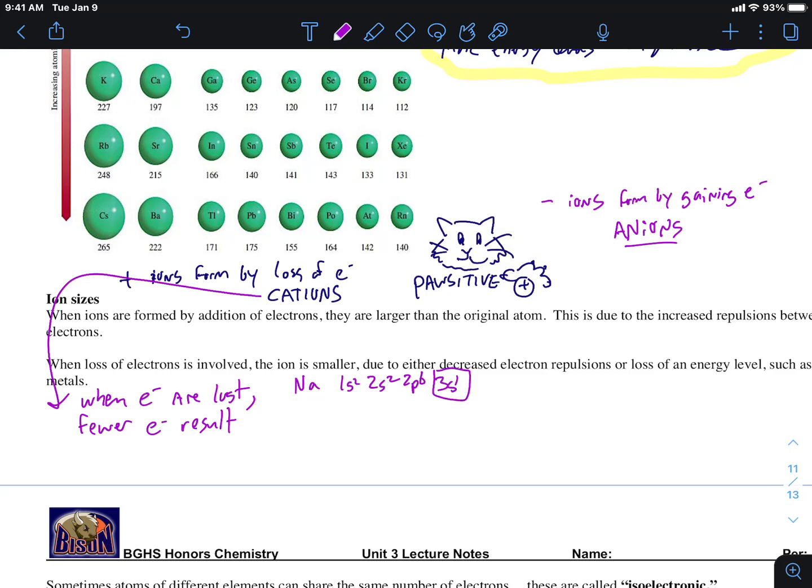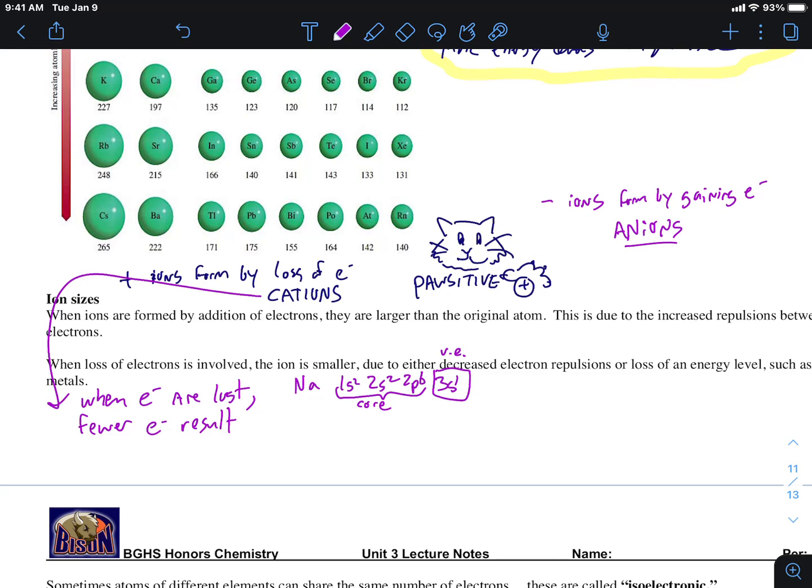Remember, the highest energy level holds the valence electrons. We identified these terms before. We said valence electrons, and we call the other ones the core. Yeah, those are the core, right? If an electron is lost, you really can only lose valence electrons. Those are the only ones that can be removed.